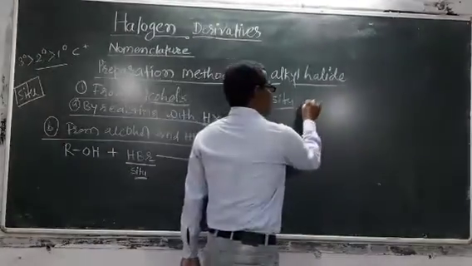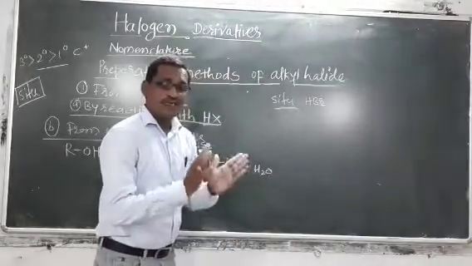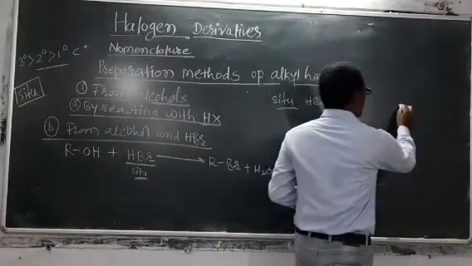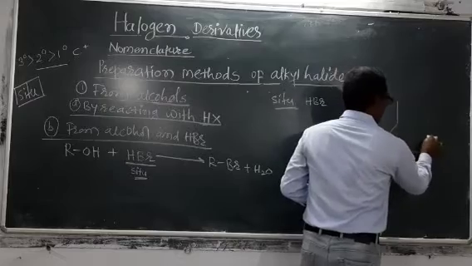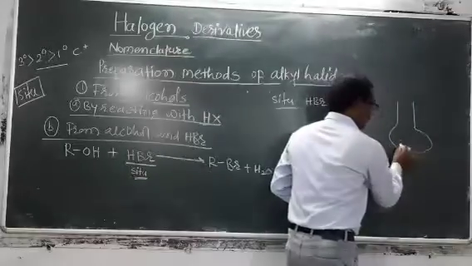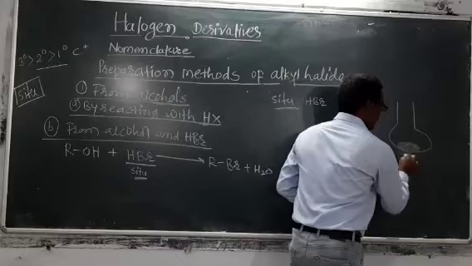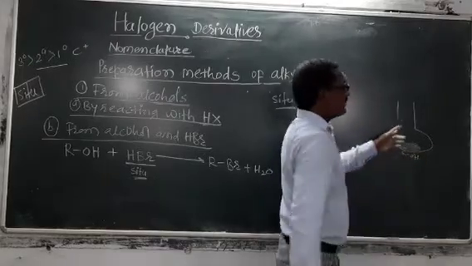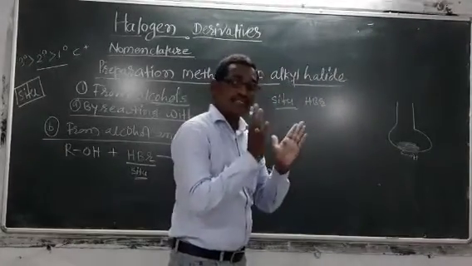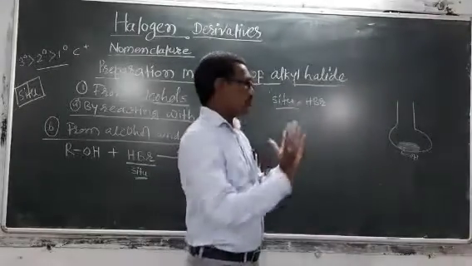We have to prepare HBr in situ, meaning we have to prepare HBr while performing the reaction. Suppose we are performing a reaction and in a particular container we have taken alcohol, ROH. We will prepare HBr in situ, meaning we will add such reagents that will give HBr as a product.